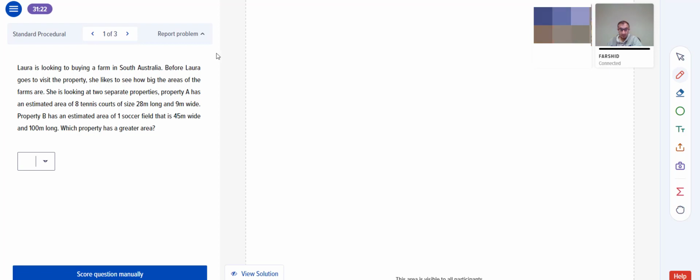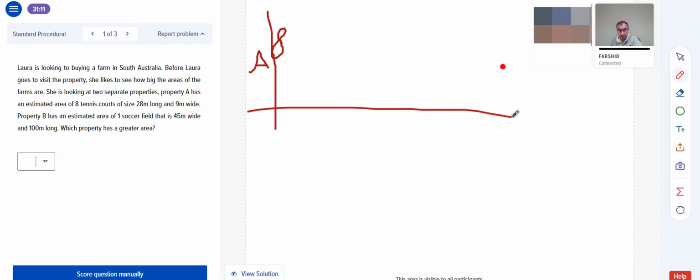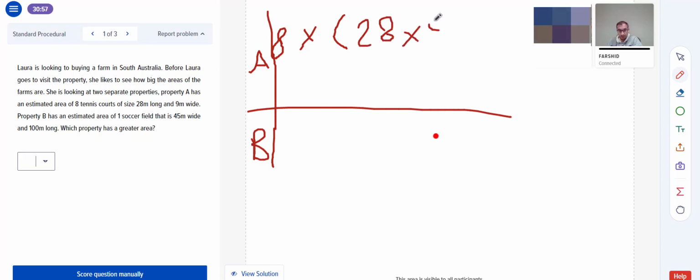So you need to calculate them. You have tennis court, 8 per property. Do you want to do this one together? Remember you have property A, you have property B. What happened to property A? It is 8 times 28 multiplied by 9.